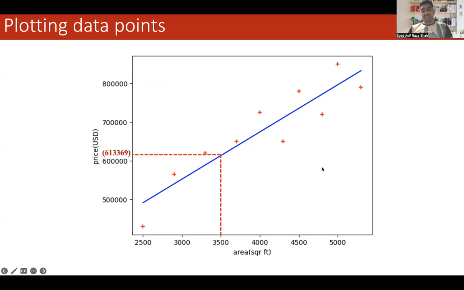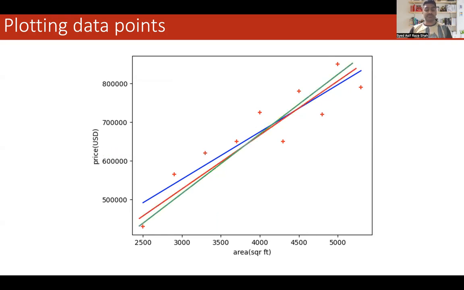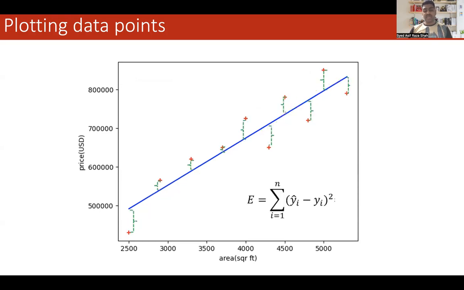Your question may be why we can't draw this line in green or red, why it should be blue. There is certain mathematics behind this, as I said, the linear equations, and also derivative related equations.